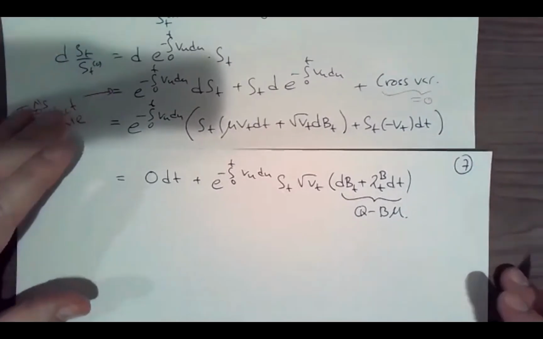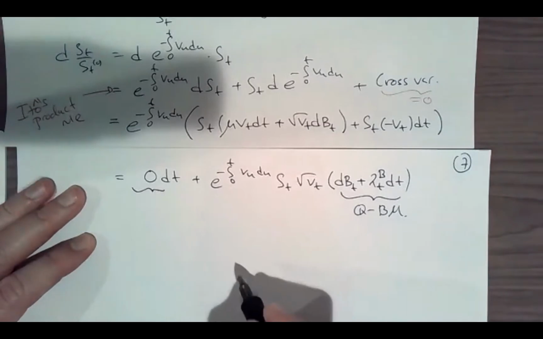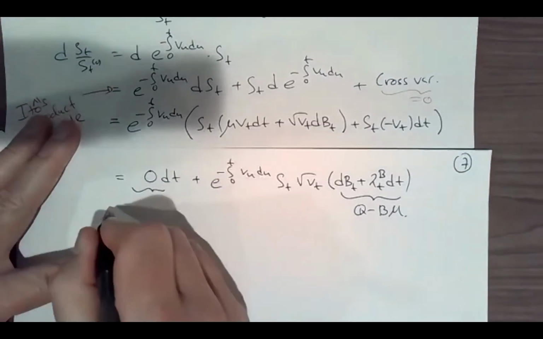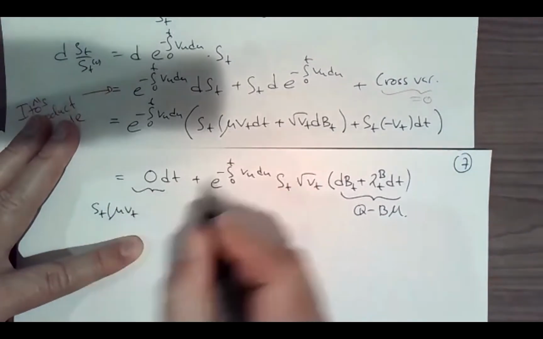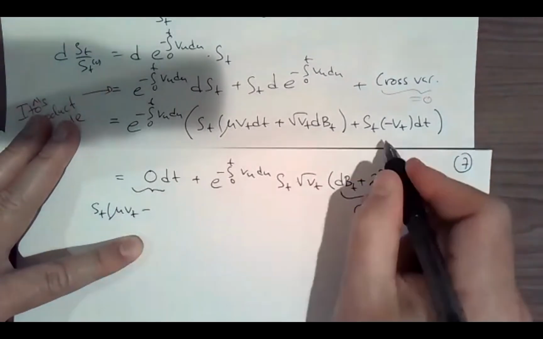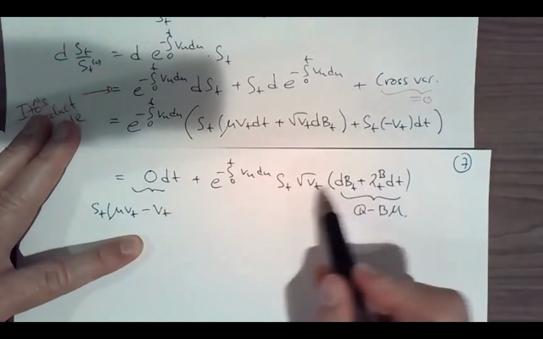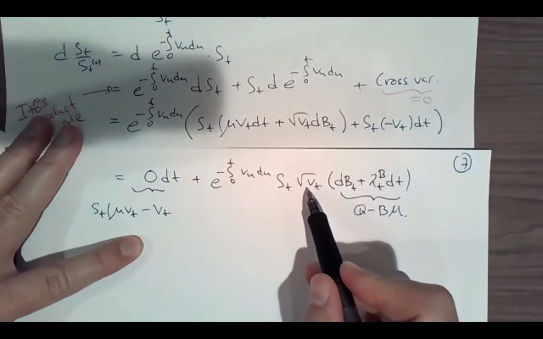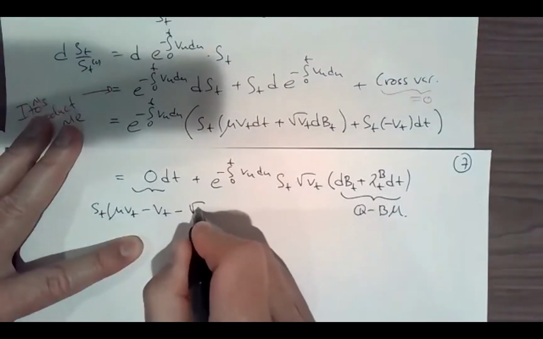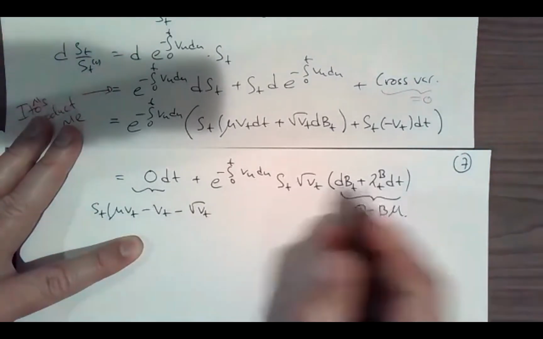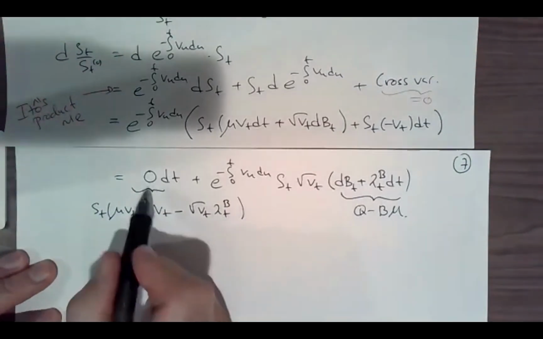What are those terms that have to add up to 0? What do I currently have inside the 0 here? I will have St times mu V minus V. And then I've added something here that needs to be subtracted, so I need a minus here with root Vt and then lambda t B. I need this to be 0.